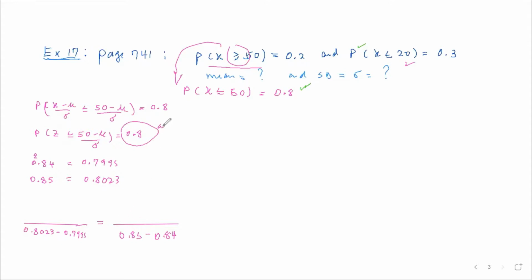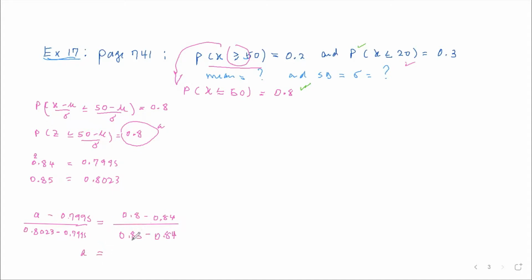Then on the top you use A, right? A, do the same way again, 0.8 minus this one, 0.84. And this side you can see 0.8 is A, right? So you write A here, minus 0.84, equal to 0.8 minus 0.7995. Then again you simplify and solve for the value of A.